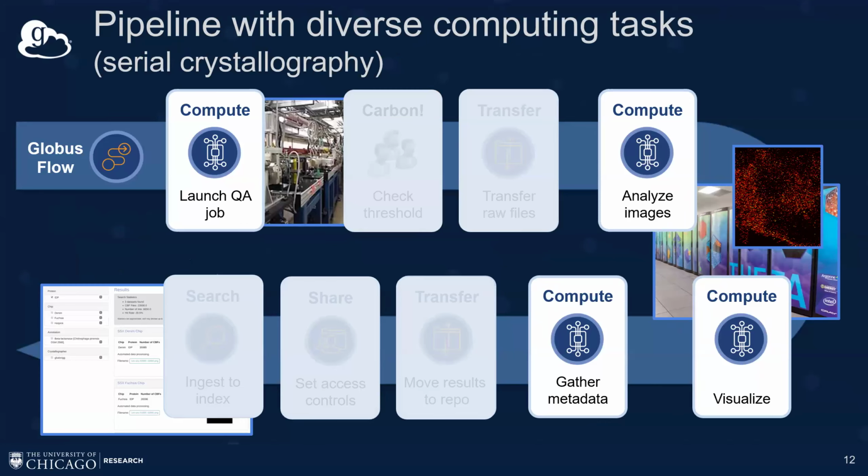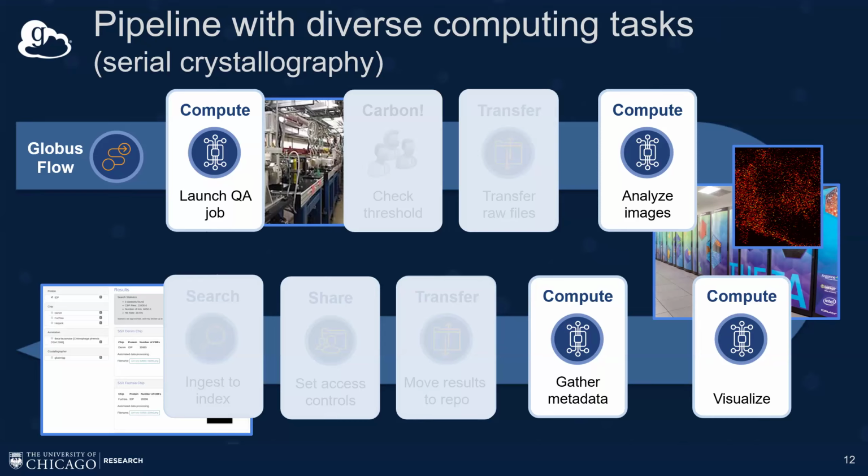For example, there can be multiple compute steps in a flow. This is an actual existing flow in serial crystallography. I think it's at Argonne as well. There is acquisition. There is a compute step to launch a QA job, just to see, oh, did we acquire good data? Human in the loop says, okay, yeah, this looks good. Send it.